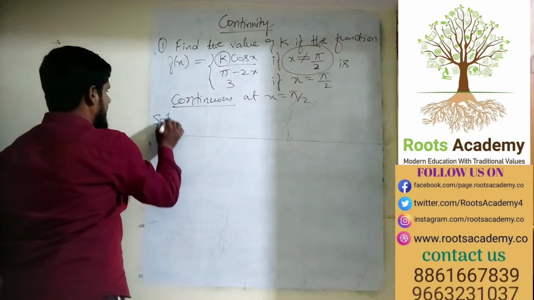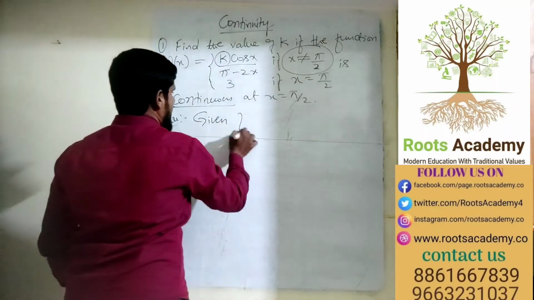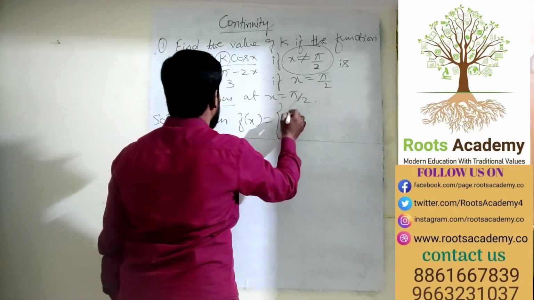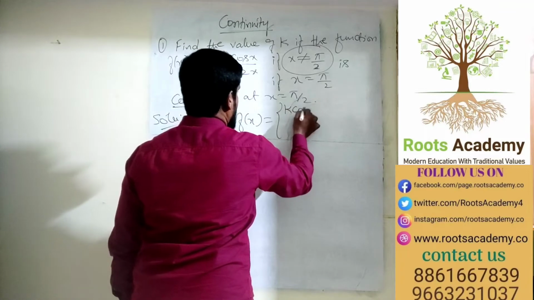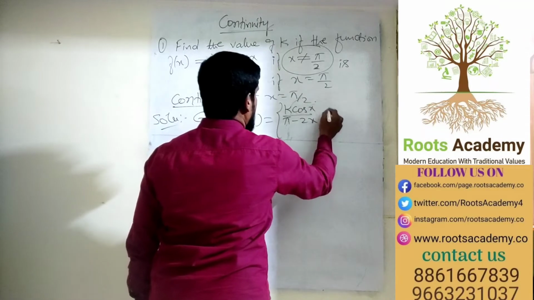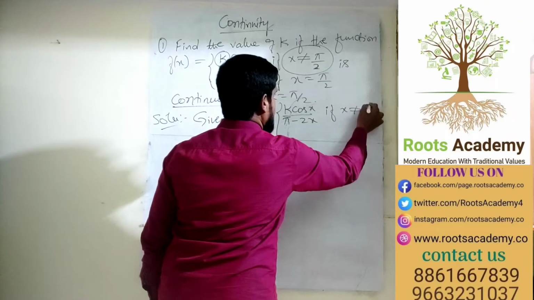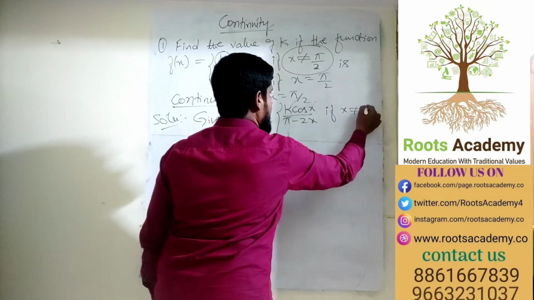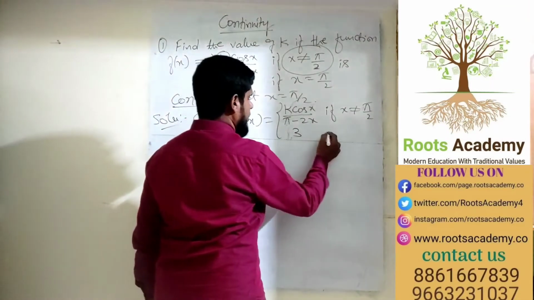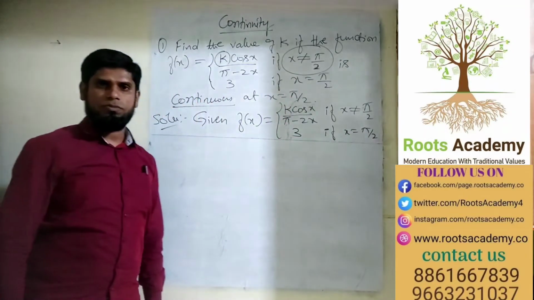So, solution. Given f of x is equal to k cos x divided by pi minus 2x if x is not equal to pi by 2, and 3 if x is equal to pi by 2.